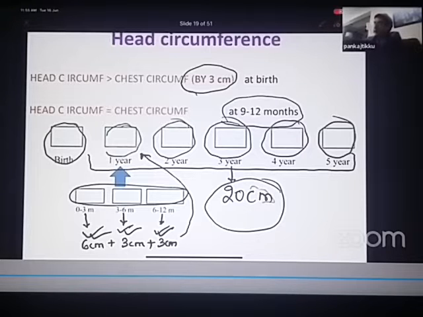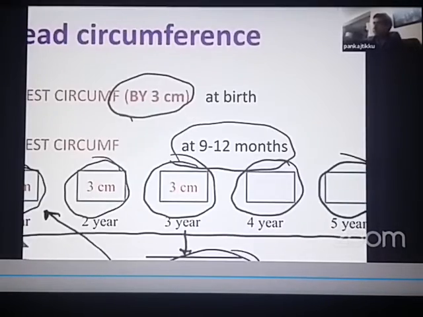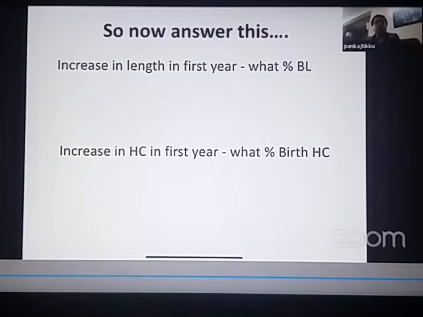Now let us come to two important questions. I've told you how the length of the child increases, how the weight of the child increases, and how the head circumference of the child increases.